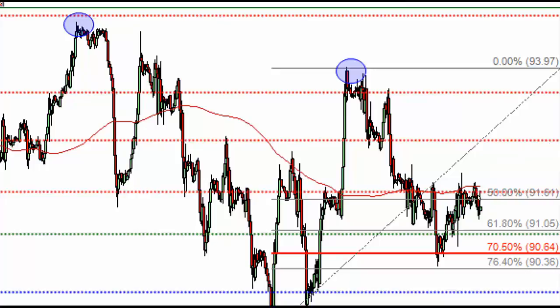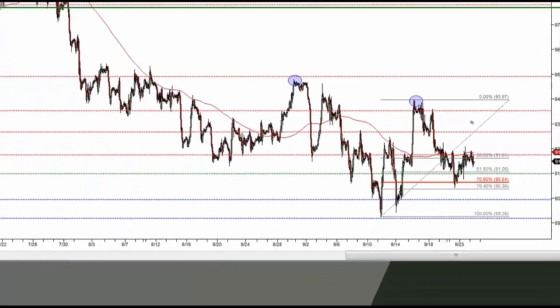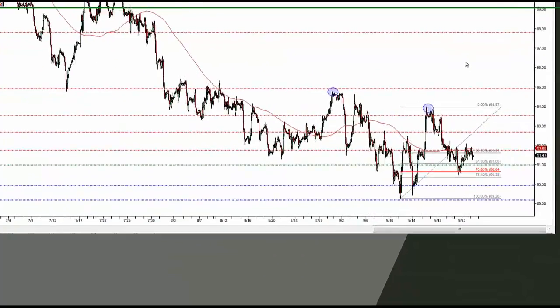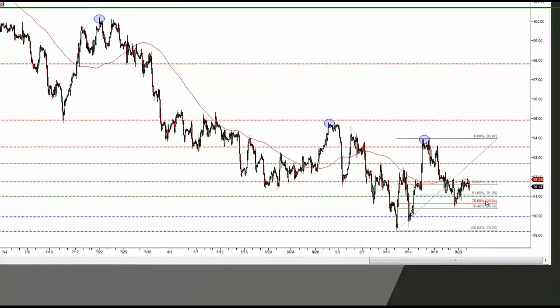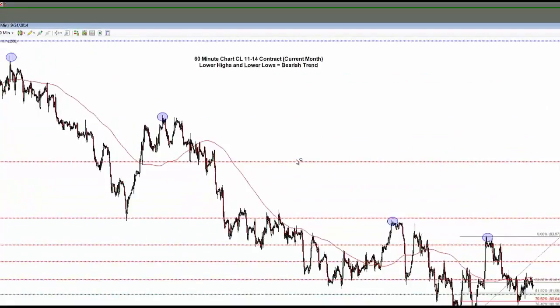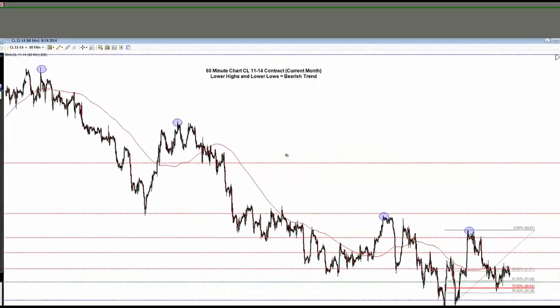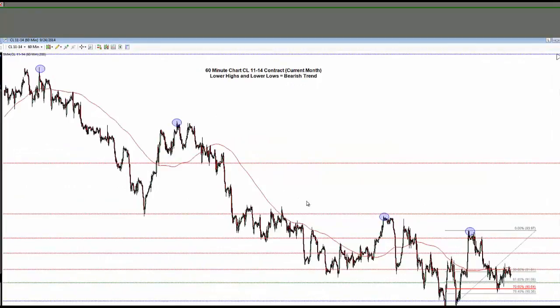So this is today's action. Now, what you will notice also is I did put on this 60-minute chart our 70.5 down here at 90.64. So even though overall we are in a bearish descent here on the 60-minute chart, we know that price does not go down forever, right?